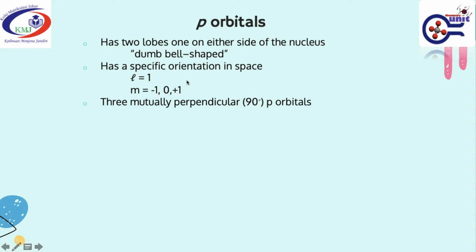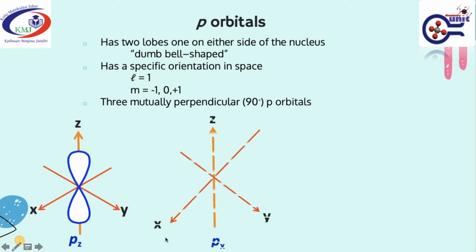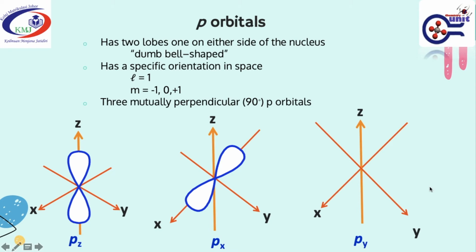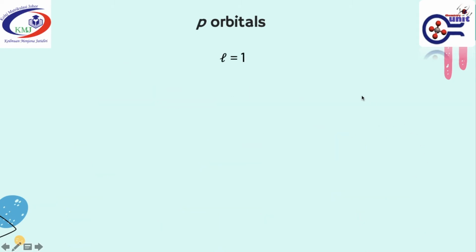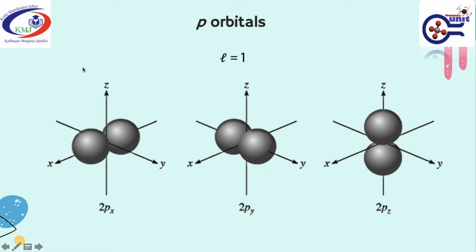Three values of M show three mutually perpendicular p orbitals, which means it has three different orientations. This is pz orbital, px orbital because it is on the x-axis. Finally, py orbital because it is on the y-axis. These are the examples of p orbitals in three-dimensional shape.